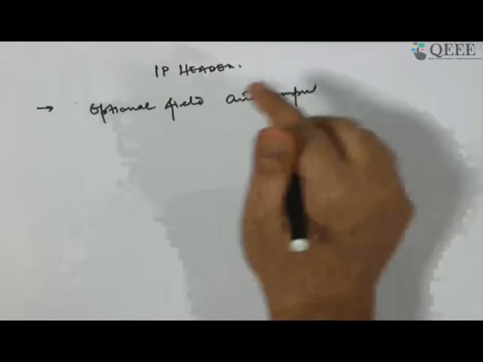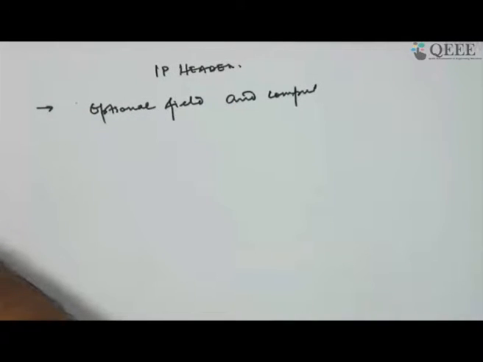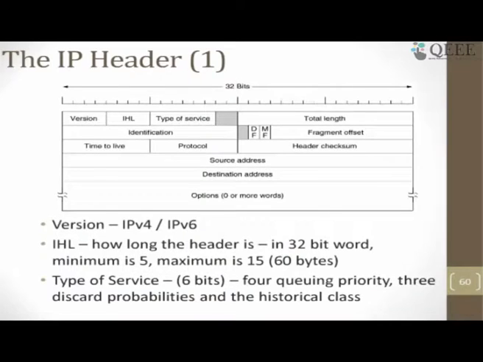Okay, so it has various optional and compulsory fields. The first fields which are important, these two will always stay: the source address and the destination address.